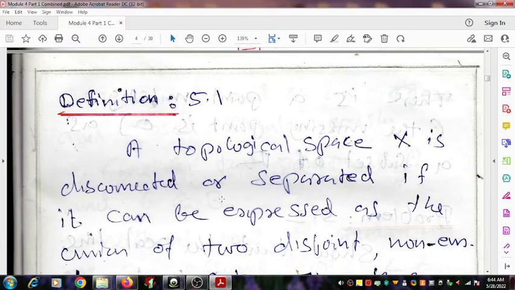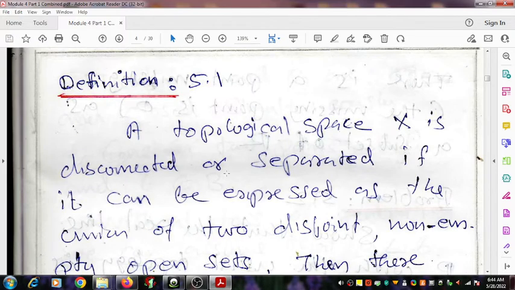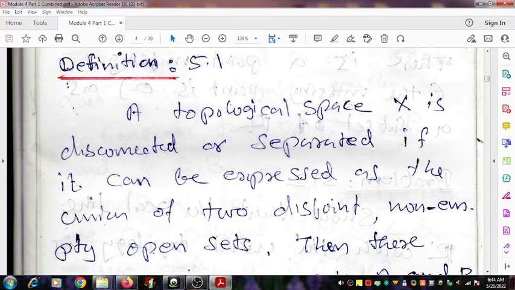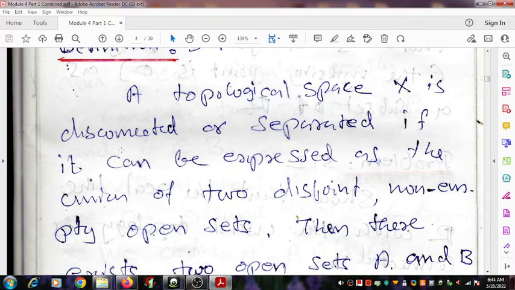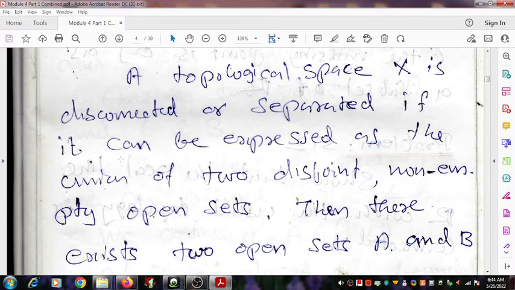Now we can define disconnected spaces, and then we will define connected spaces. So can we define a disconnected space? We say that a topological space X is disconnected or separated if it can be expressed as the union of two disjoint non-empty open sets.